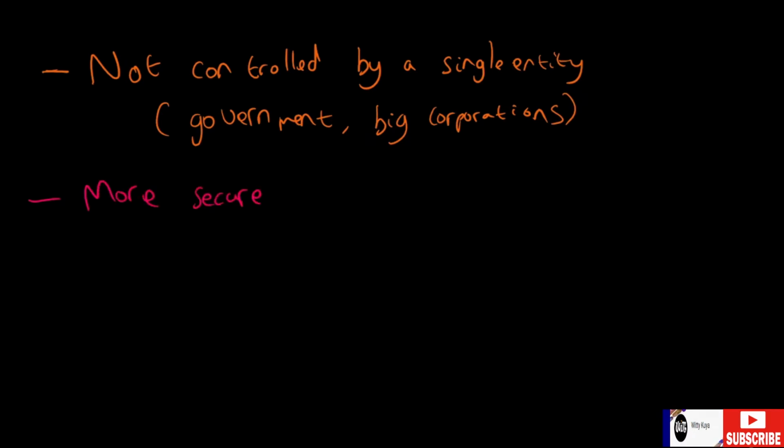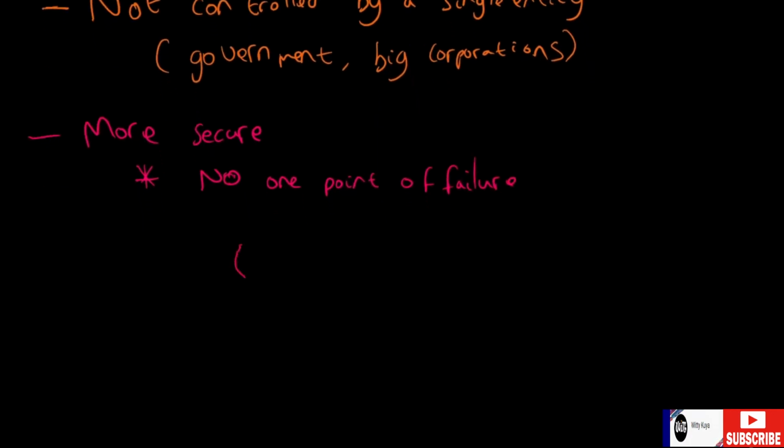There are plenty of other reasons, one being that it is more secure, and the reason it is more secure is because it's not controlled by one single entity. There's no one point of failure, whether that is a single server or a single organization.